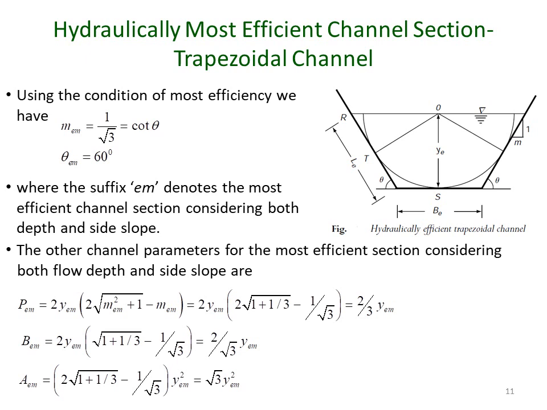Now we substitute the value of m, that is 1 by root 3, in the expressions derived before, and we can get the values of parameters like hydraulic radius, weighted perimeter, channel base width, and cross-sectional area for the hydraulically most efficient trapezoidal section.